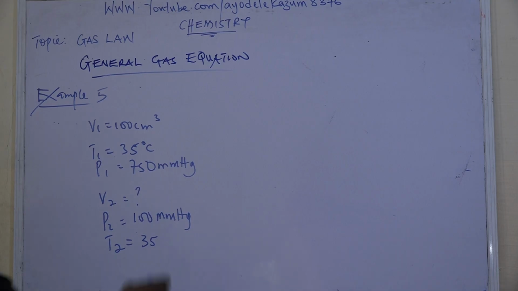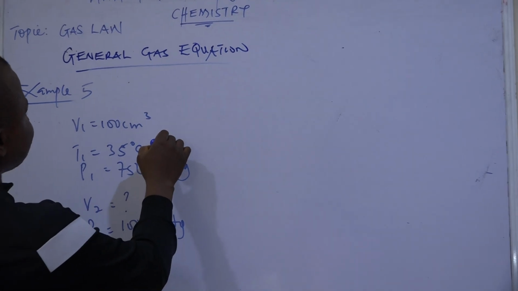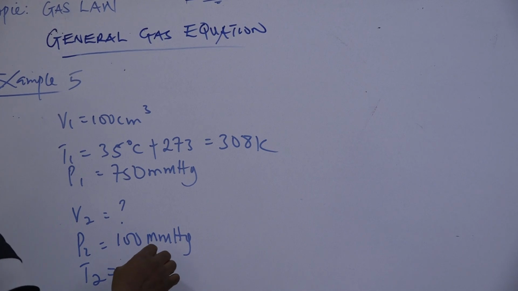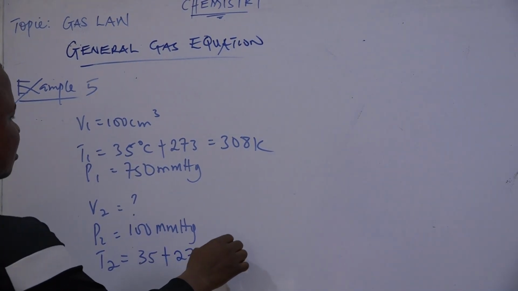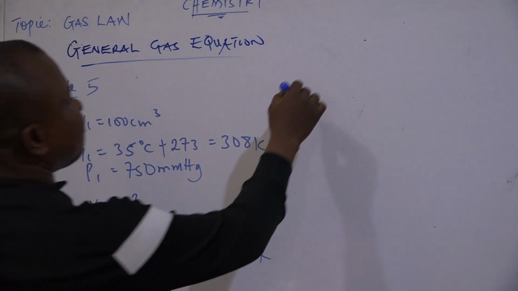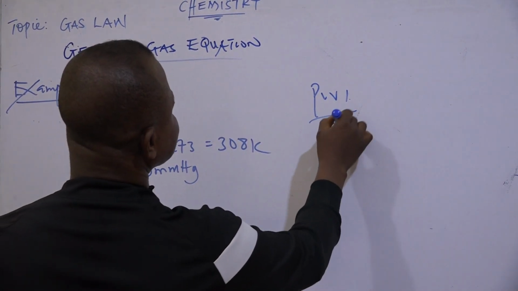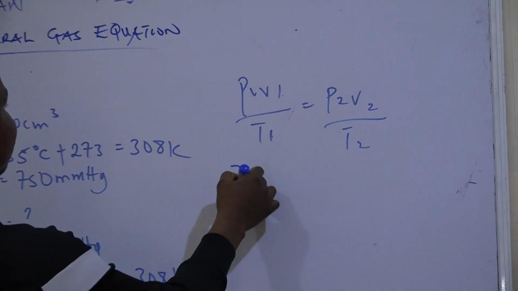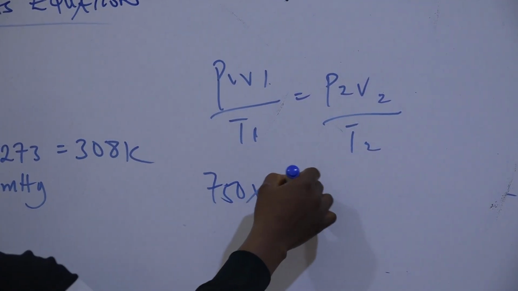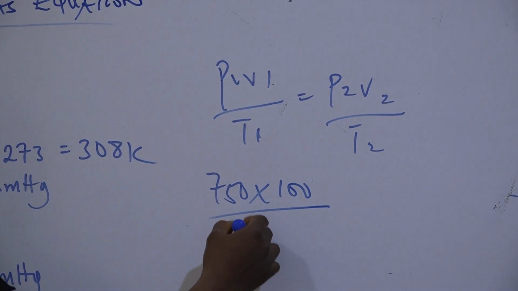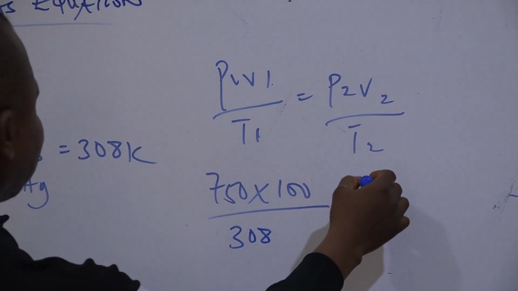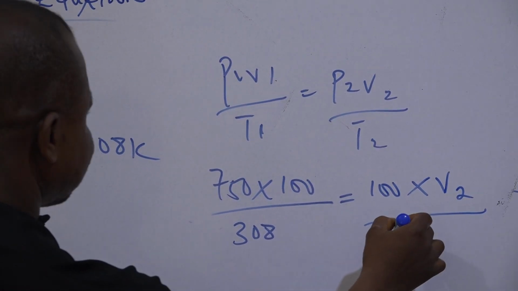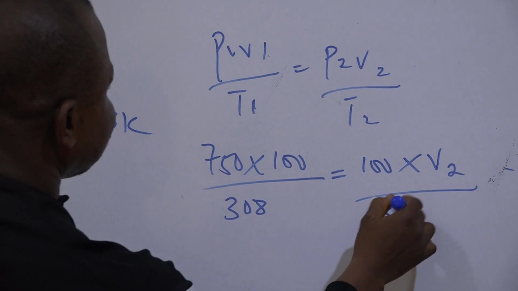Okay, let's calculate this. Let's change this temperature to Kelvin: plus 273 gives 308 Kelvin. The temperature did not change, so it is the same 308 Kelvin. Using our formula P1 V1 over T1 equals P2 V2 over T2, our P1 is 750 and our V1 is 100, divided by our T1, 308, equals P2, 100, times V2, which is what we're looking for, over our T2, also 308.